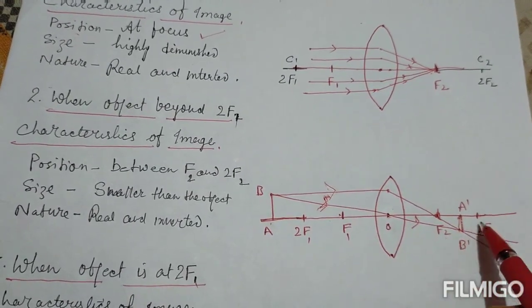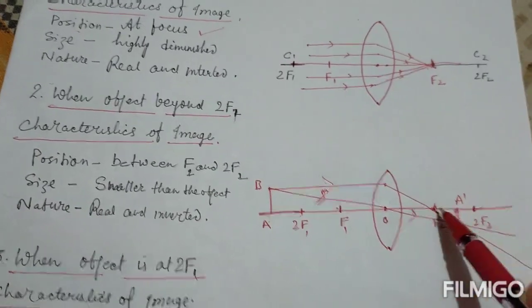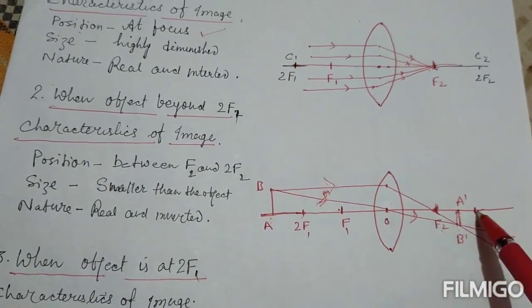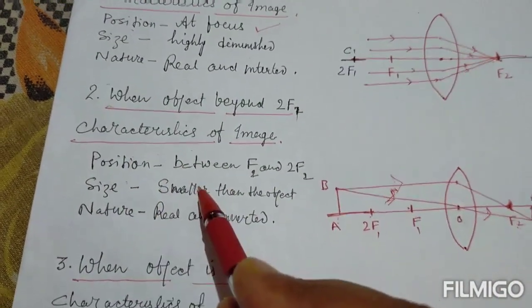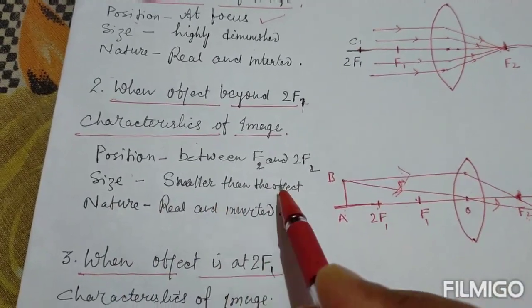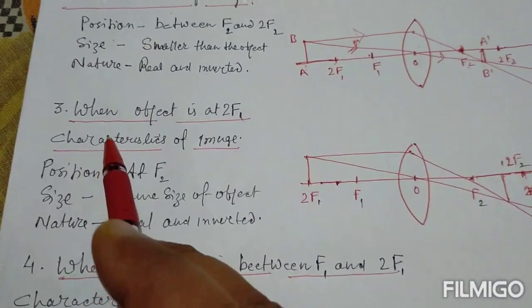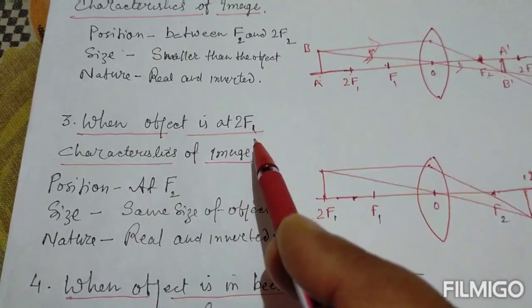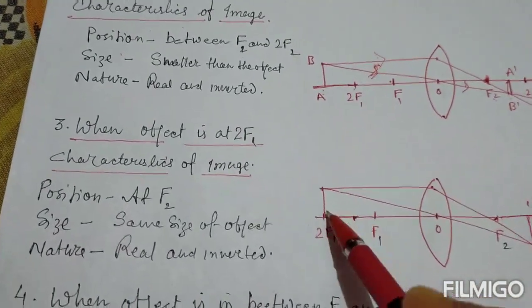Between f2 and 2f2. It means when the object is beyond 2f, the image is formed between f2 and 2f2. So write the characteristics of the image: position between f2 and 2f2, size smaller than the object, and nature real and inverted.